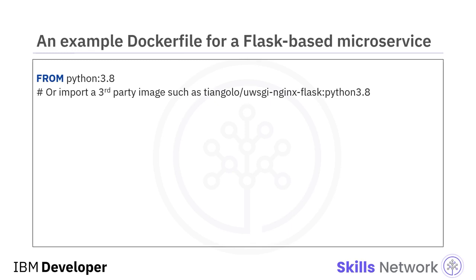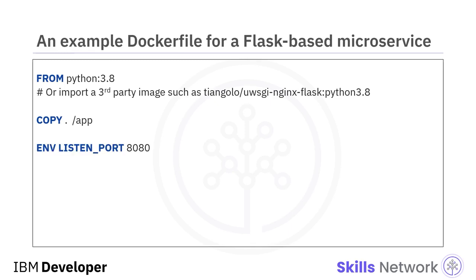Optionally, instead of the general Python Docker image, you may add a more specific and advanced base image to better serve your microservice. For example, the uwsgi-nginx-flask image allows you to create the Flask microservice in Python that runs with uWSGI and NGINX in a single container. The next COPY instruction copies all the files to the /app folder in the image.